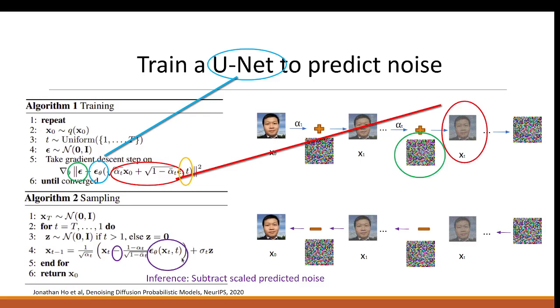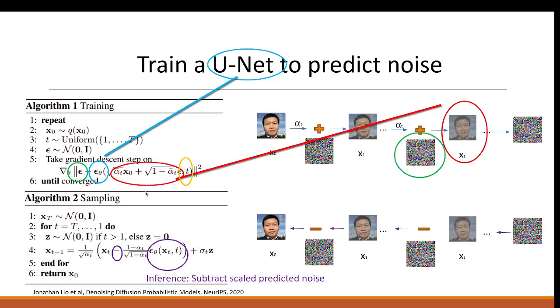We look at this part first. Theta is a UNet, so we take the noisy image and the time step, and we predict the noise. So this is the predicted noise.